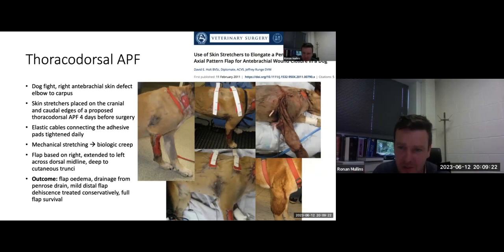Then in about 3 weeks, you come back, elevate the flap and put it into position. The idea is that you train the flap to survive with the one pedicle that's remaining. So that's known as the delay phenomenon, or ischemic preconditioning. Of course, it does require 2 anesthesias, so it isn't without that bit of extra morbidity.